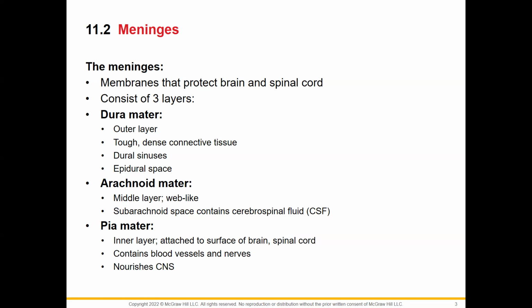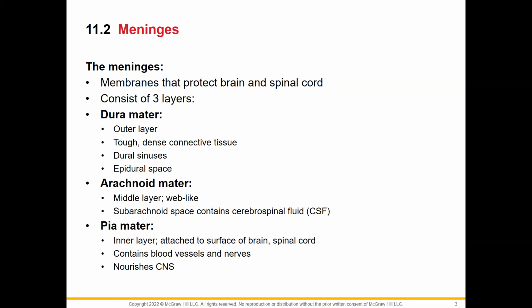So, for example, when someone is getting an epidural during childbirth, that is medication being deposited in the space above or superficial to the dura mater and deep to the vertebral column. So between that space between the dura mater and the bone.